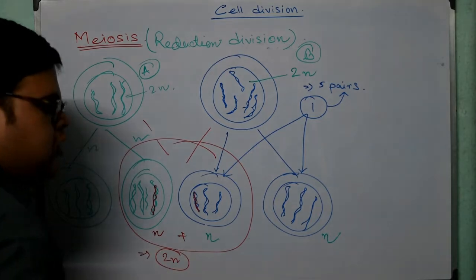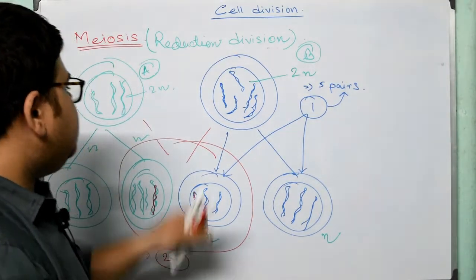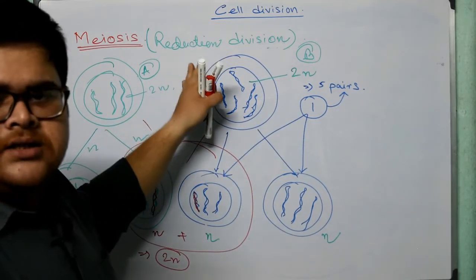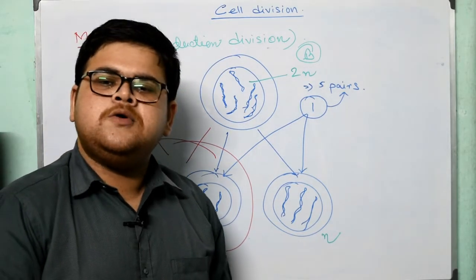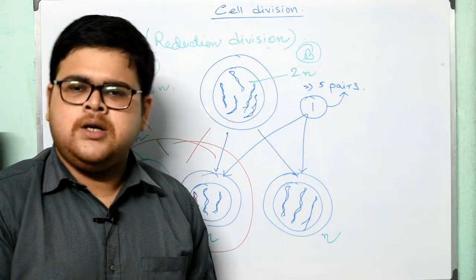Thus the number of chromosomes gets restored, and as this is happening we call it reduction division. Okay, and this meiosis occurs in us during reproduction.